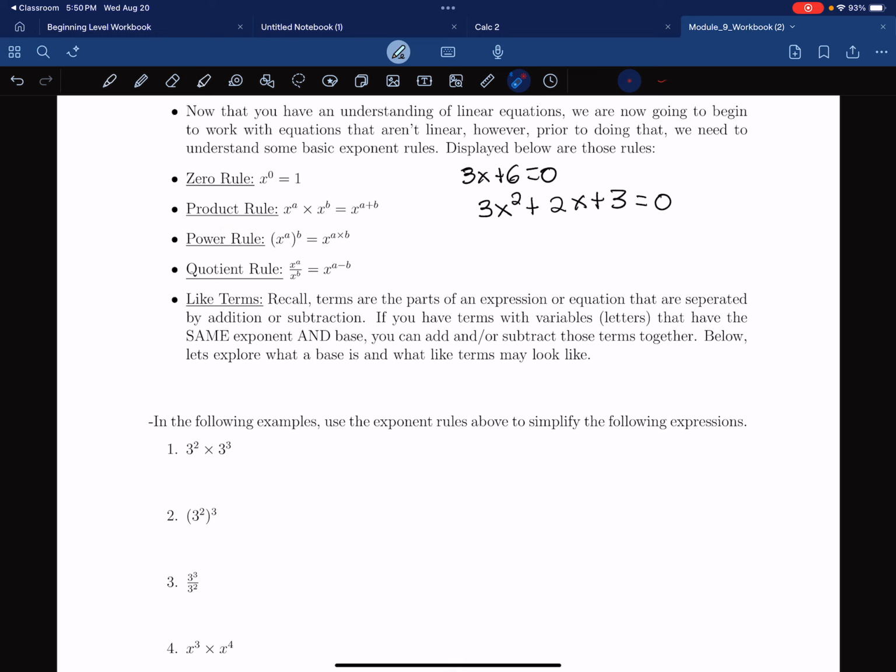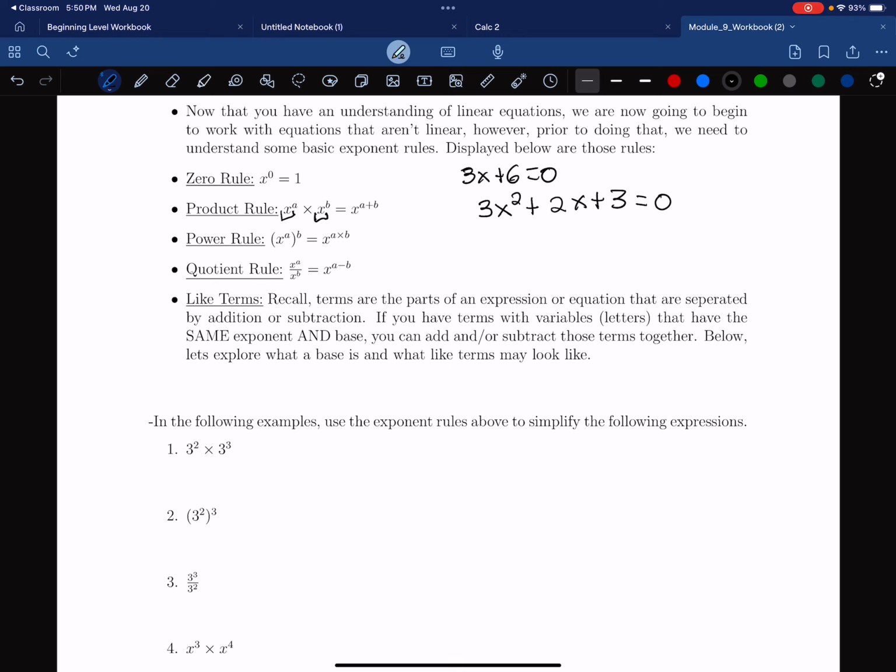So if we have something raised to a power times another thing raised to a power, we can add those two exponents together. However, one thing you need to be very careful about is notice that this here is an x and this here is also an x.